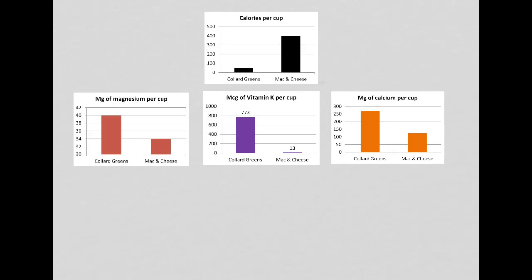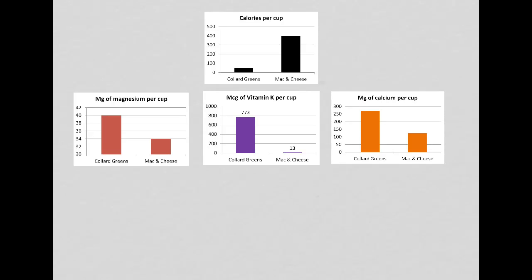Let's look at other nutrients. Vitamin K is important in helping blood clot. Collards have 773 micrograms of vitamin K, while mac and cheese only has 13 micrograms. Calcium. We know calcium is important for strong bones.